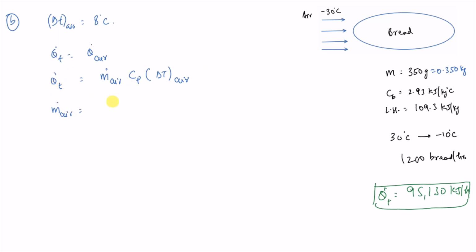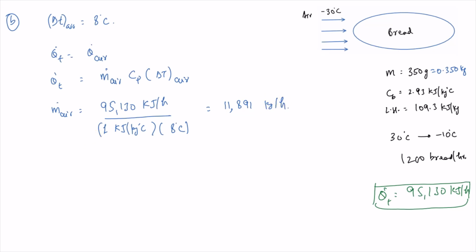So Q dot of T we have calculated as 95,130 kilojoule per hour divided by Cp, the specific heat of air, which is 1 kilojoule per kg degree Celsius, times the change in temperature, which is 8 degrees Celsius. So we're going to solve this, and we'll get the mass flow rate of air as approximately 11,891 kg per hour. So this was the mass flow rate of air.